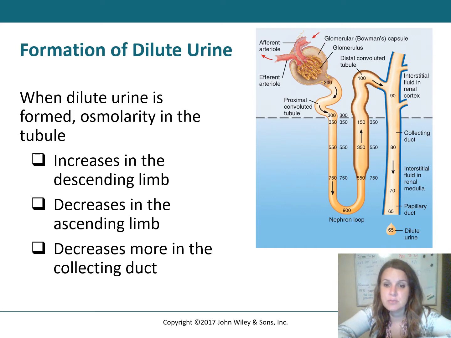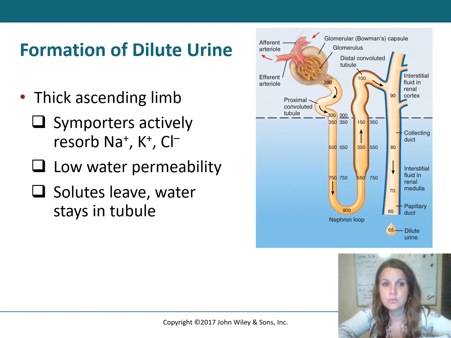And this is mostly because there is no antidiuretic hormone secretion when dilute urine is formed. The reason that osmolarity decreases in the ascending limb, even though it doesn't quite match the interstitial fluid, is because there's low permeability in that region of the ascending limb to water, but you have symporters that actively reabsorb sodium, potassium, and chloride ion.